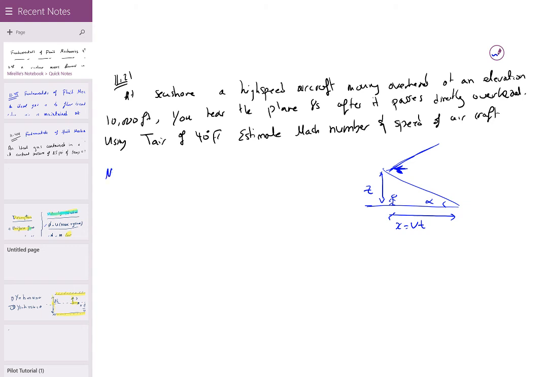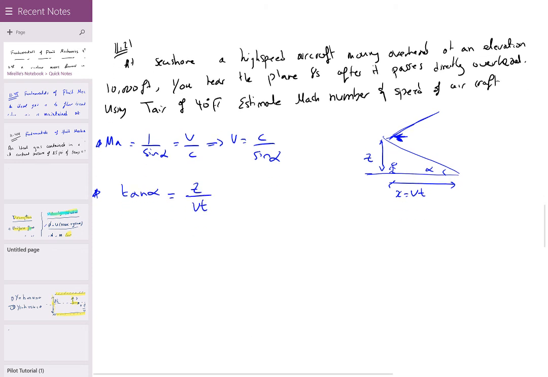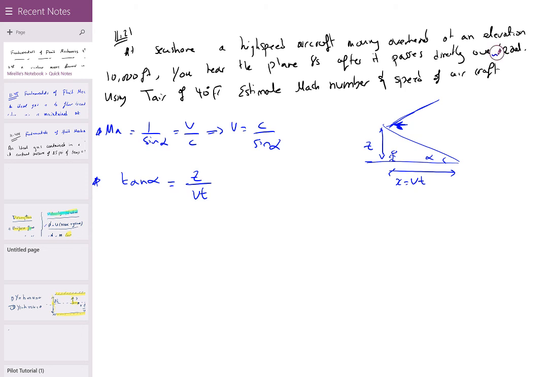So the Mach number is 1 over sine alpha, which is V over C. This implies my V is C over sine alpha. That's 1. Number 2, tangent alpha is opposite over adjacent, so that is Z over VT. Now, tangent alpha is also sine alpha over cos alpha, which is equal to Z over VT.